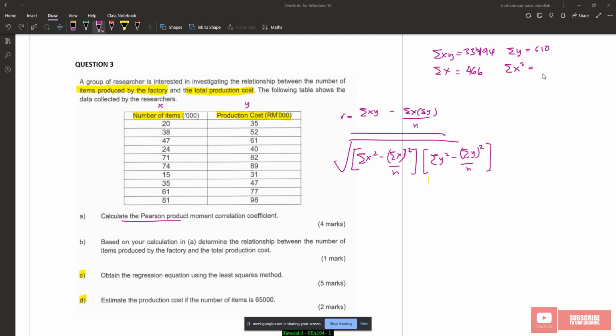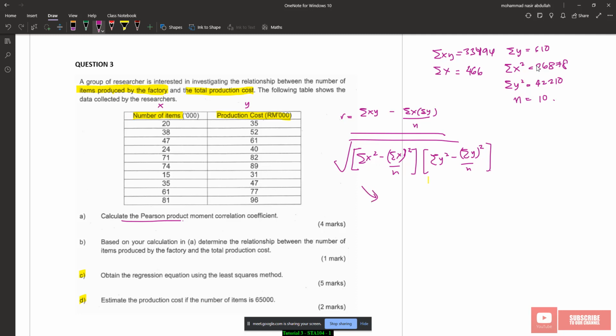Summation of x square is 126,878. And then summation of y squared will be 42210. And n should be how much? N should be 10. Right? The data you have is 10, right? N is equal to 10.